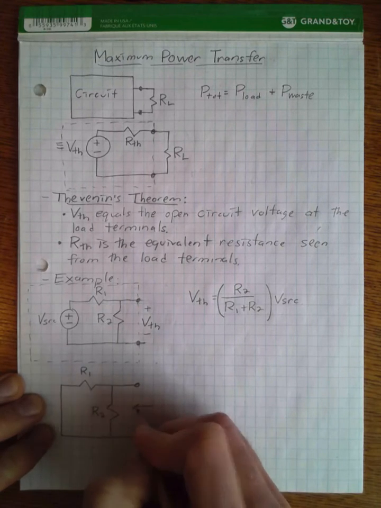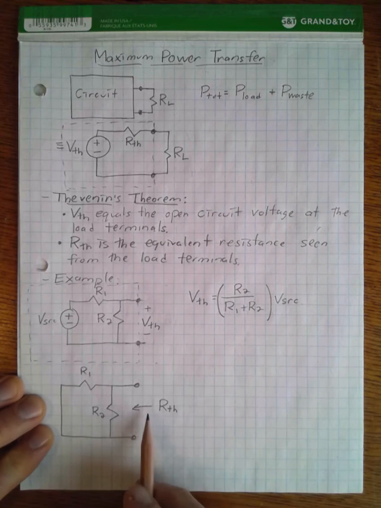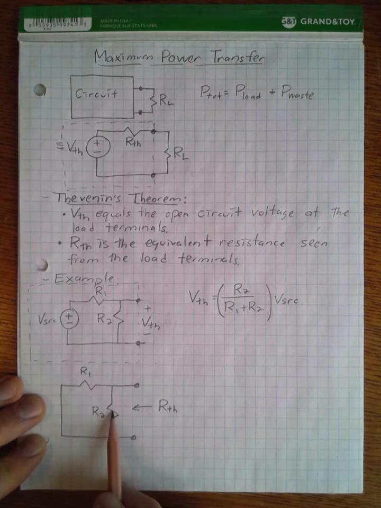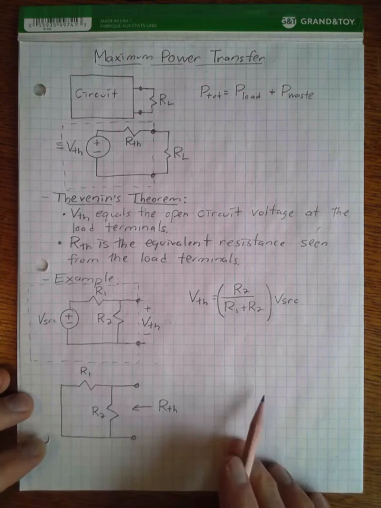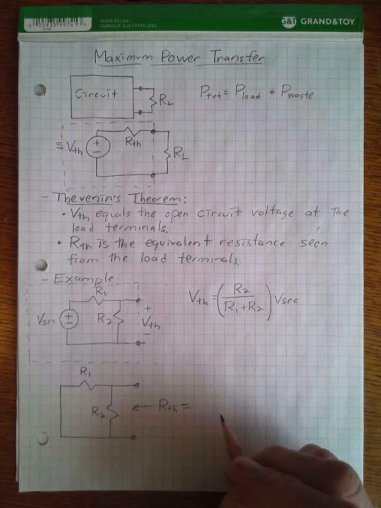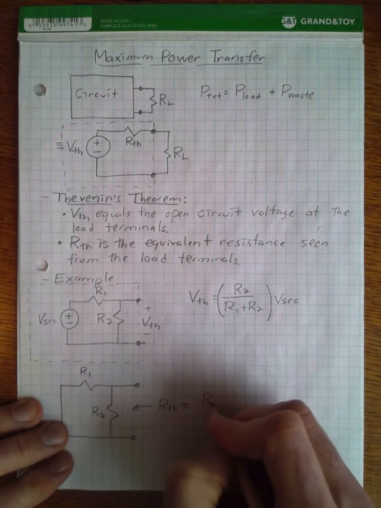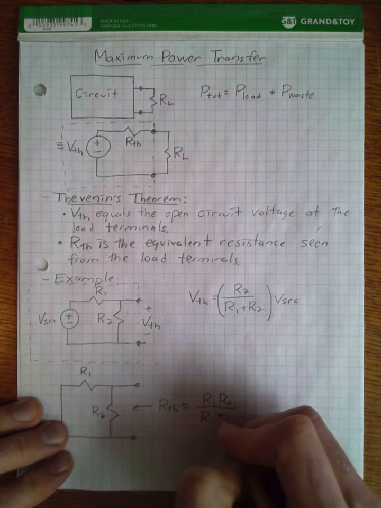And so our Thevenin equivalent resistance is the resistance of these two resistors with respect to our load terminals. And of course, when we short circuit our voltage source, we just have R1 and R2 in parallel. And so our Thevenin equivalent resistance is just equal to R1 R2 over R1 plus R2.